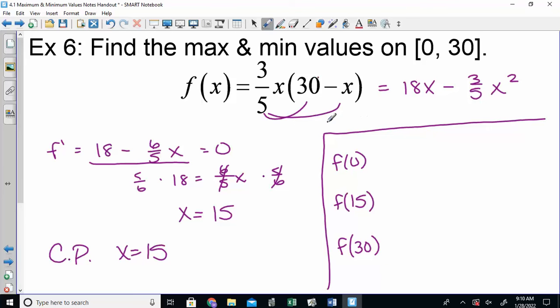So when we do that, if we put in a 0 to the original, what do we get out? 0. If we plug in 15, okay, 3/5 times 15. So 15 divided by 5 is 3, times 3 is 9. Times 30 minus 15 is 15. So we get 135. If we plug in a 30, what do we get?